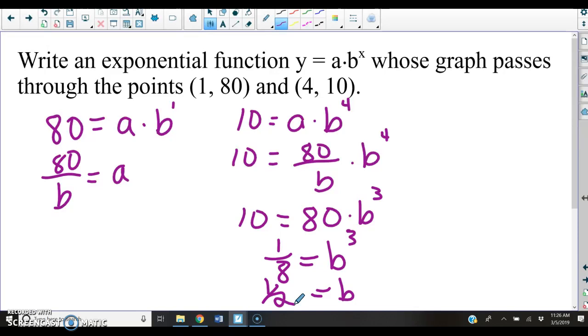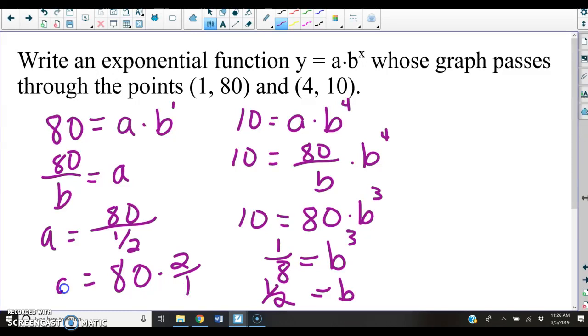Okay, so when we come over here to find a and try to do 80 divided by 1/2, remember that would be 80 times the reciprocal, 2 over 1. So a is going to equal 160. So we'd have y equals 160 times 1/2 to the x. And there you have your equation.